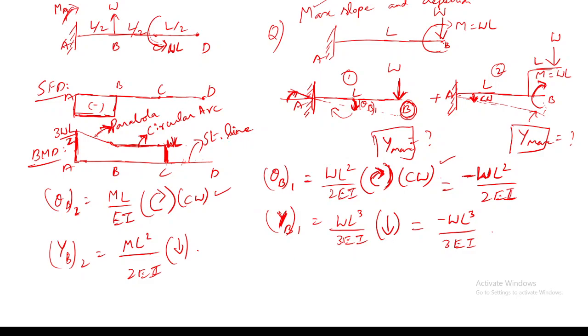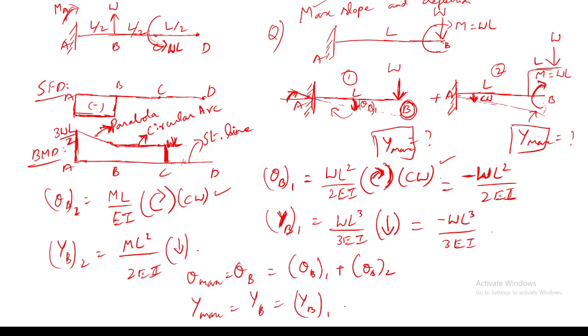For maximum deflection also, you can directly add these two values. The final answer of theta b, the maximum slope theta max, will be theta b1 plus theta b2, and y max will be yb1 plus yb2.